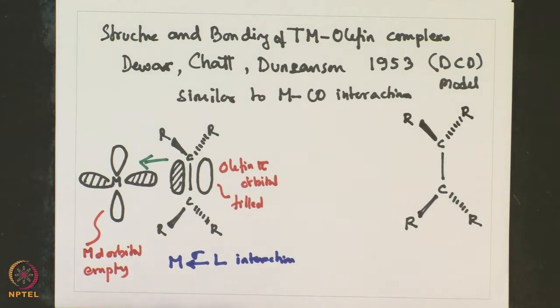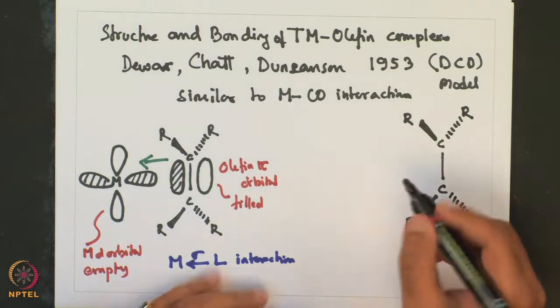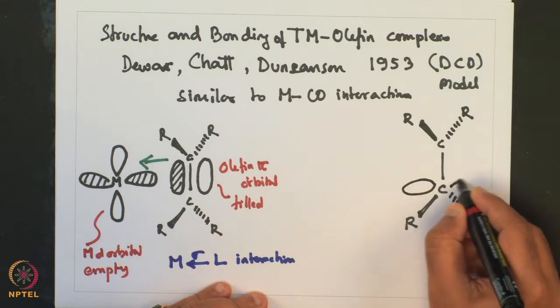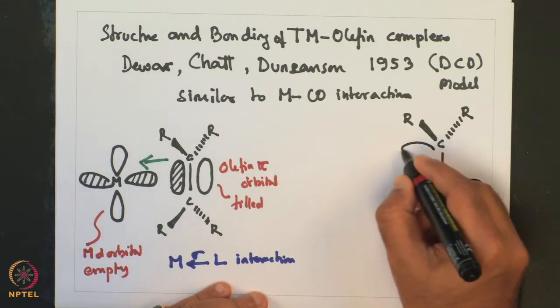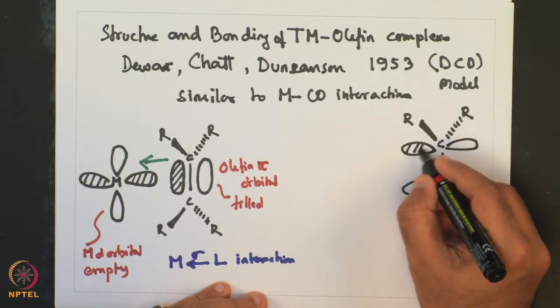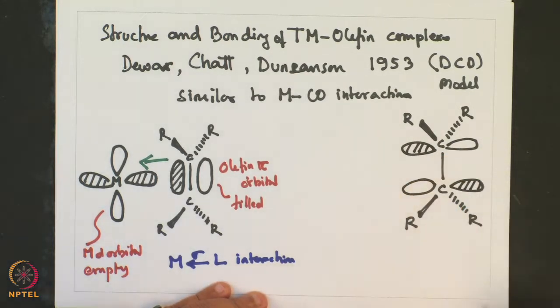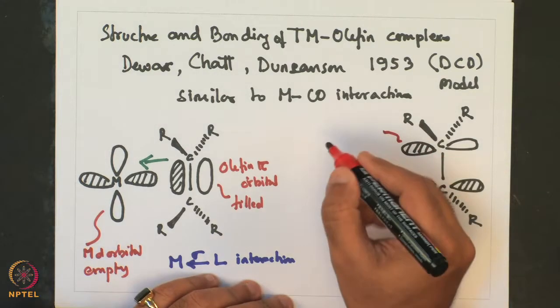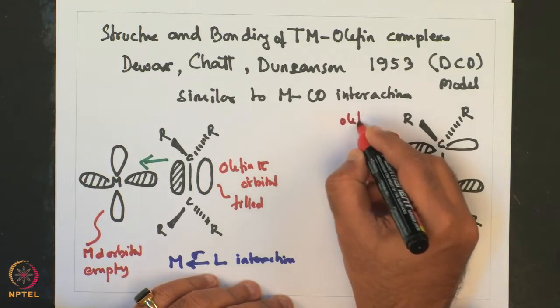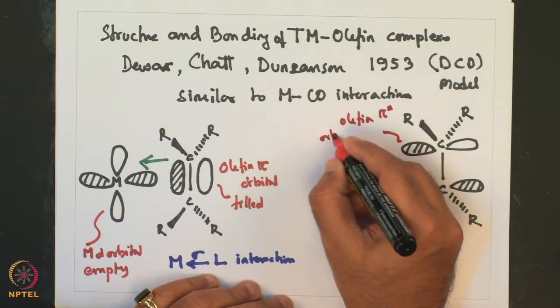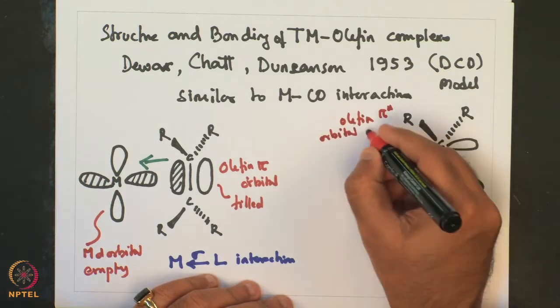Now, this is a pi star orbital which is empty, so they would have opposite phase, and this is the olefin pi star orbital, and these are empty.